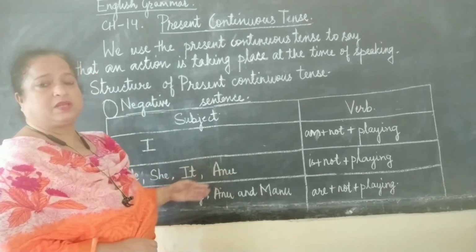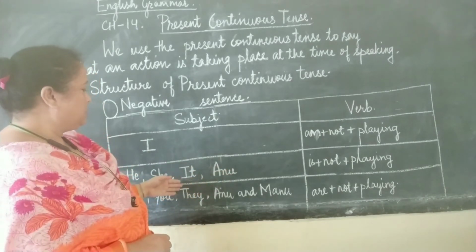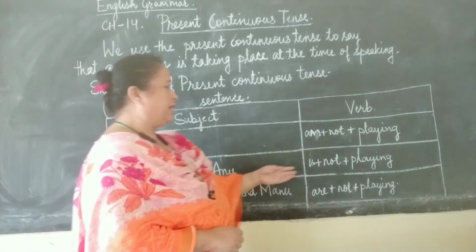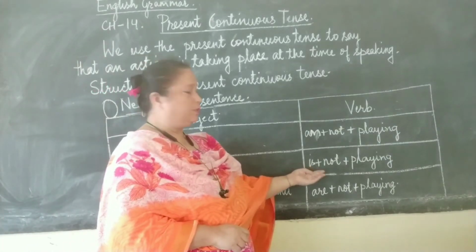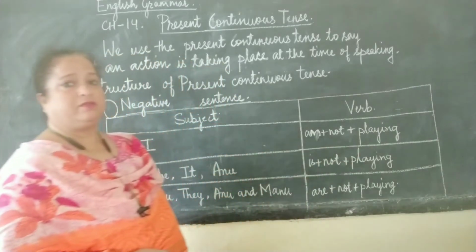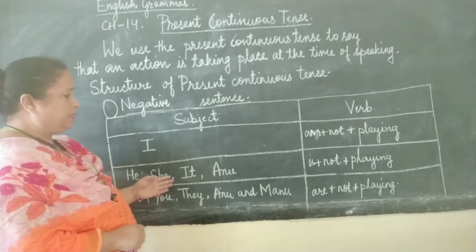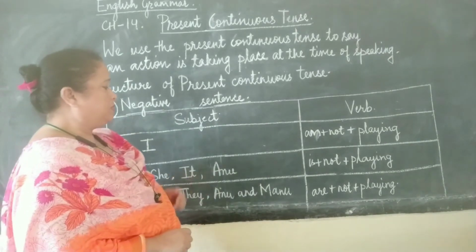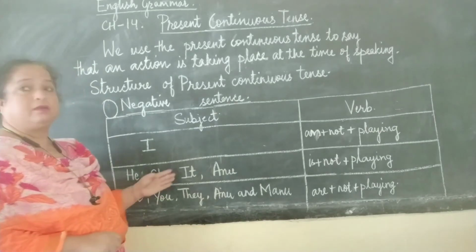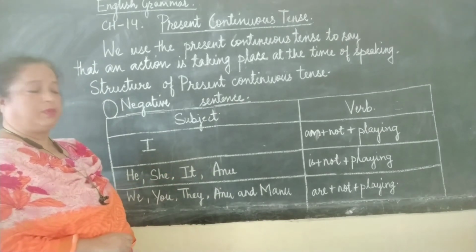He, she, it, Anu. If your sentences start with these subjects, what do we do? We add is as the helping verb, we add not, and we add the main verb with the ing form to it. Some examples: Anu is not playing, she is not playing, he is not playing, it is not playing.